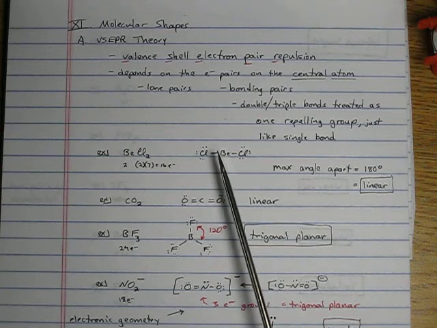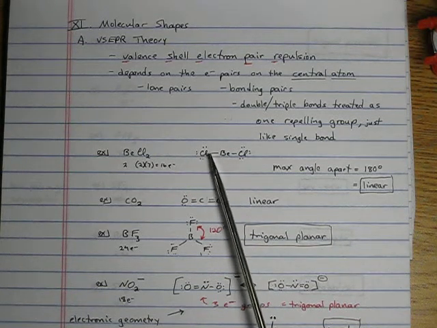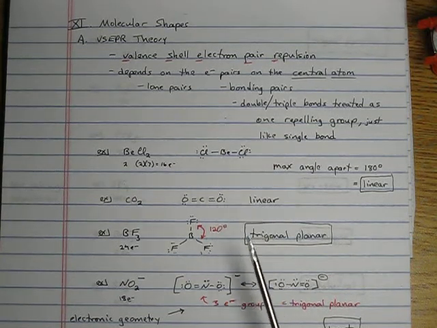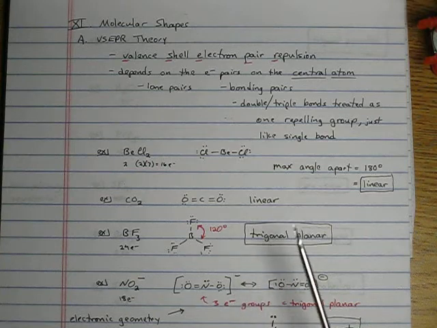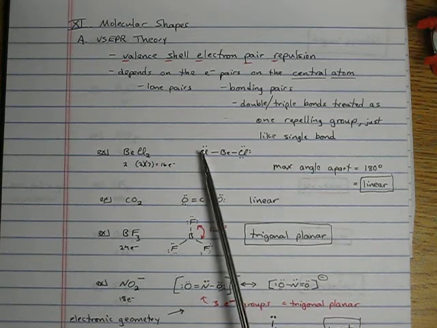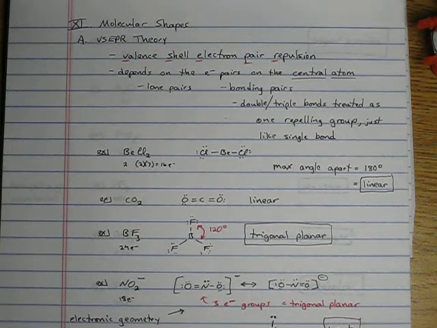Well, it should be obvious. If you've got 2 groups on a central atom, the maximum distance apart is 180 degrees from each other. 1 chlorine on one side, 1 chlorine on the other side. And that's what we find. And we call that, unsurprisingly, linear geometry, because chlorine, beryllium, chlorine, all in a straight line. So 2 groups coming off a central atom, that's a 180 degree angle, that's linear.